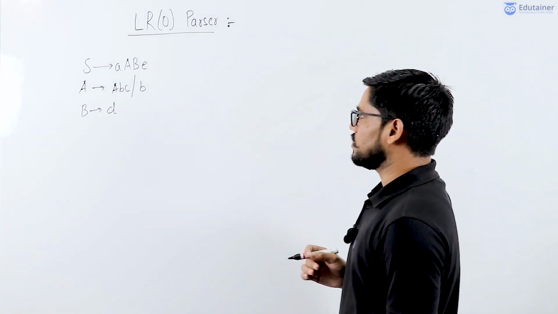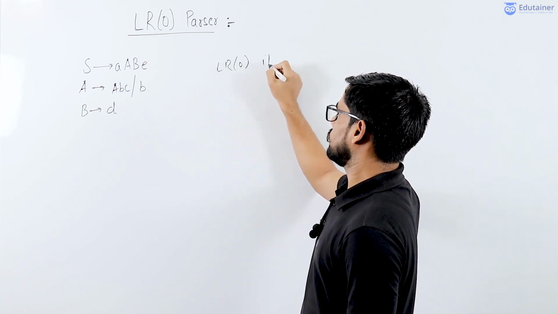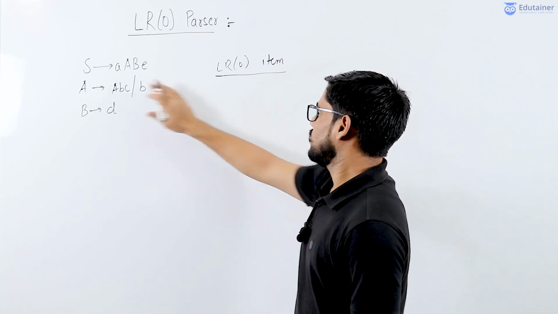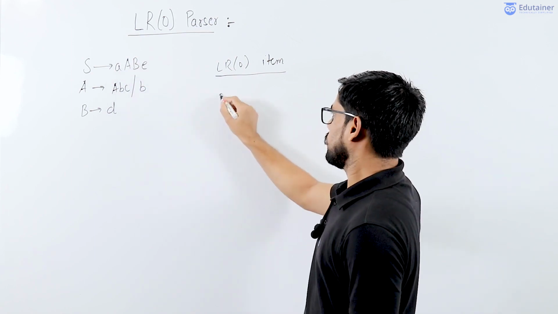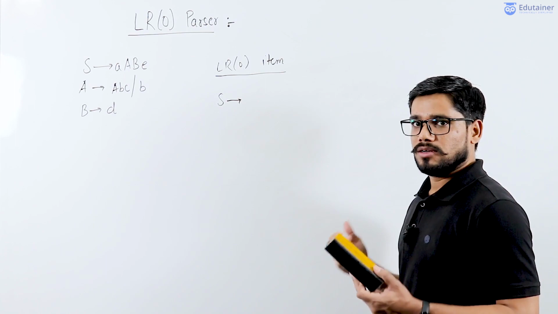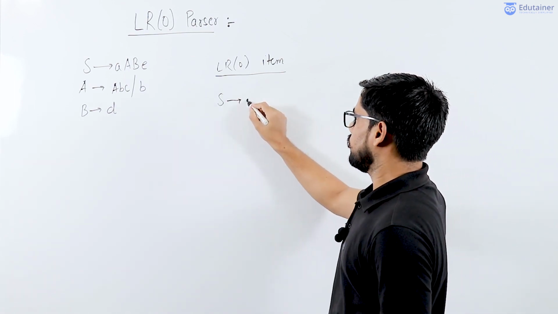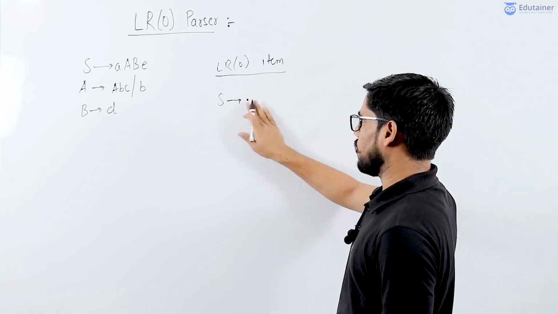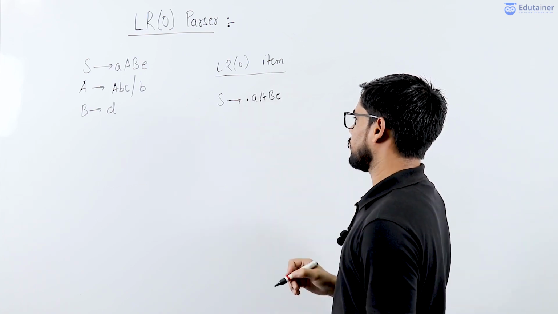So what is an LR0 item? Take any production, let's say S derives A A B E. While starting an LR0 item, I first put a dot on the leftmost side of the RHS, and after that all these symbols come together.